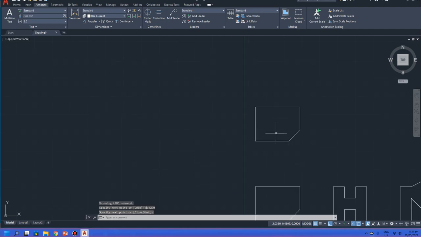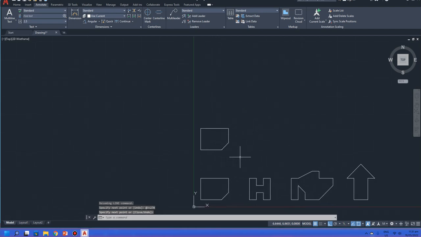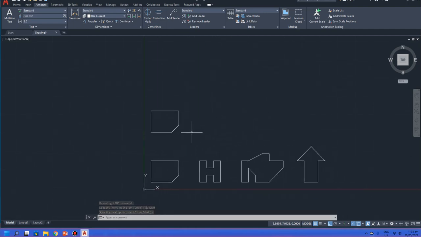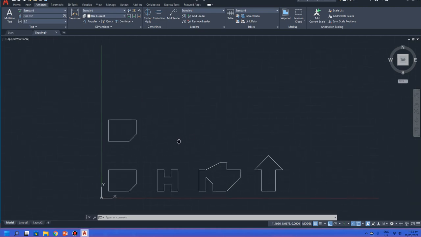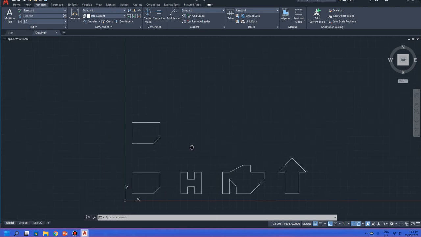And that's how you create a shape using polar coordinates. You just have to determine the distance from point to the next point, and then determine the angle.